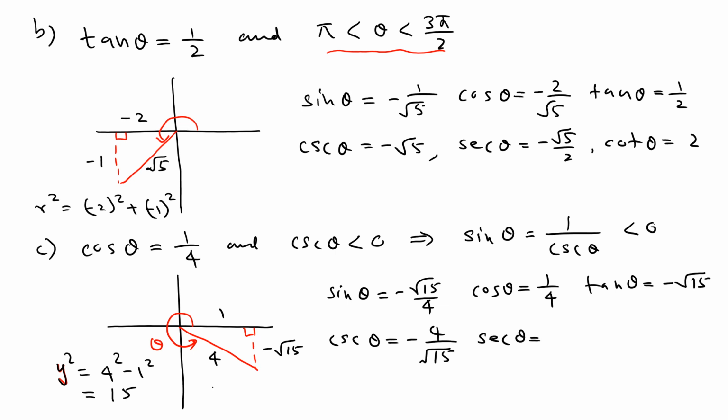Secant theta is 4, and cotangent theta is -1 over square root 15. Okay, so those are the values we get.